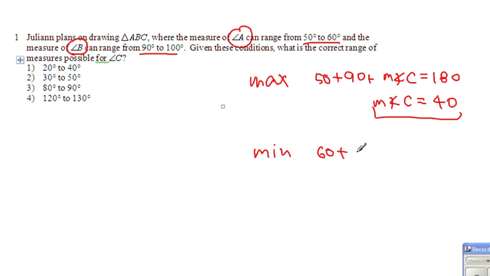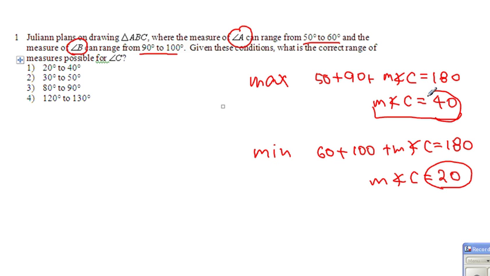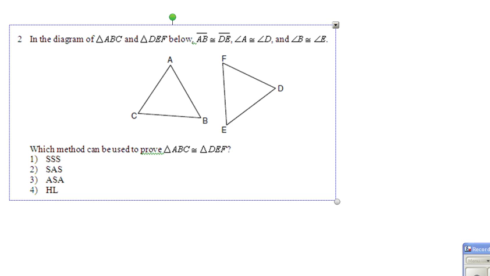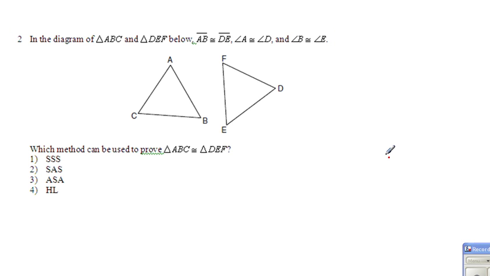So 60 plus 100 plus the measure of angle C will be equal to 180. In this case, the measure of angle C would be simply 20. So 20 to 40 becomes our answer. Choice number 1. Alright, how about the next one?